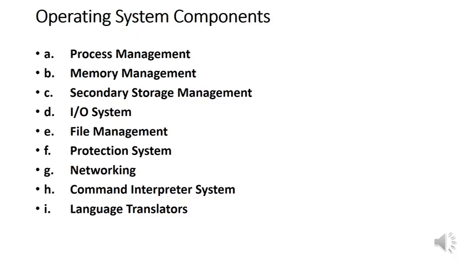Then the secondary storage system. This component is where a program must be executed from main memory together with the data they access. The computer system must offer secondary storage as a backup for the main memory because it cannot permanently hold all data and applications.